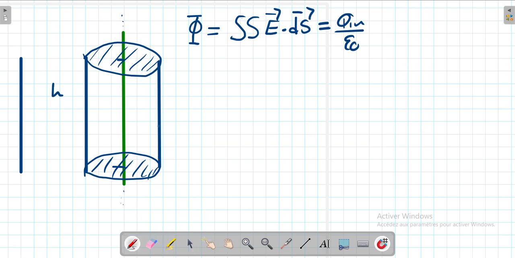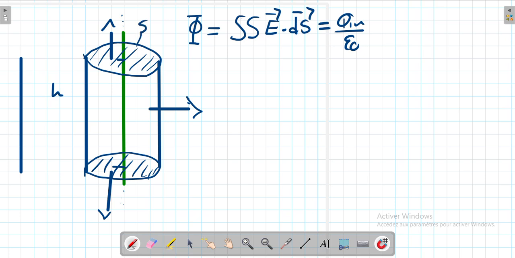By convention, the direction of the upper surface is going upwards. The directions are important, so you put the directions like that. Then the direction of the bottom surface is going down. Then the direction of the lateral surface is going in this direction. That's how you go about Gauss's theorem. These are going to help you.